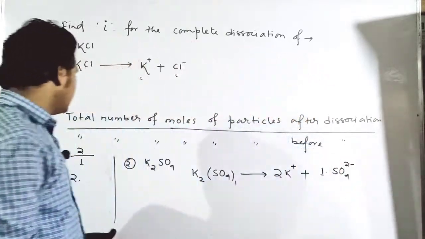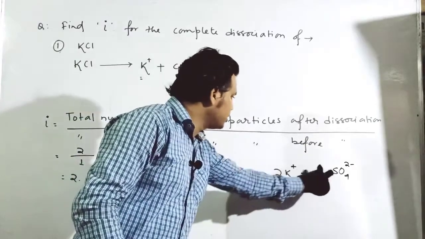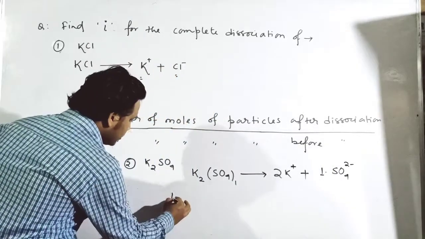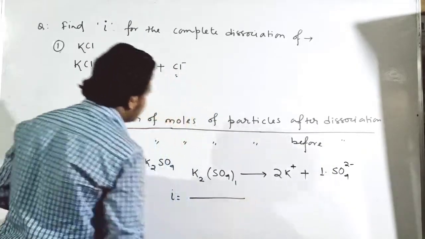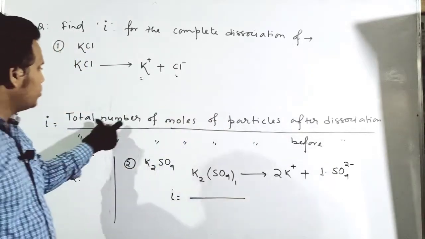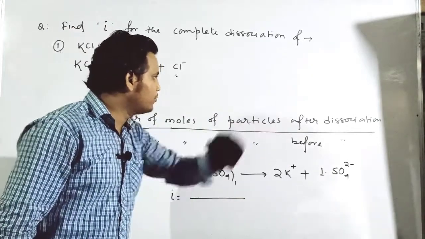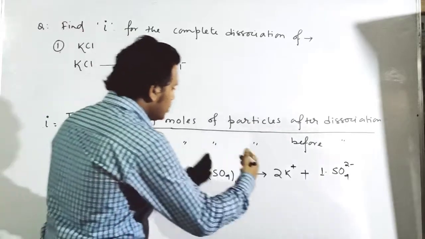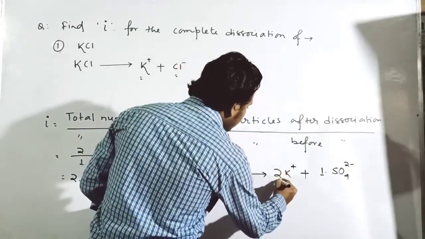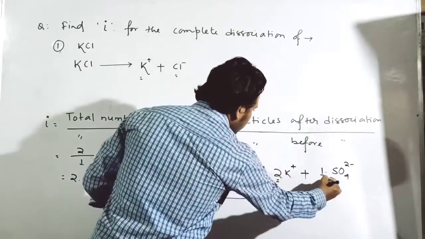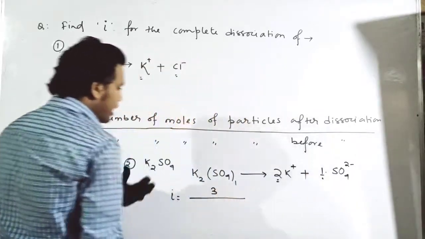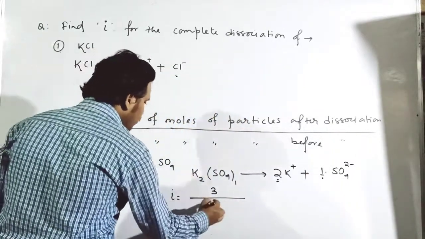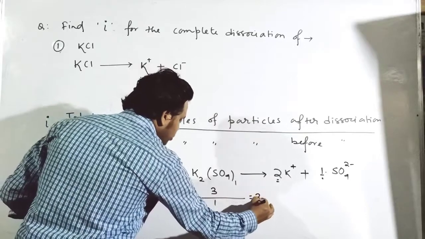So 2K positive plus 1 sulfate 2 negative. Number of moles of particles after dissociation is 2 plus 1, 3, and before only 1. So the answer will be 3.